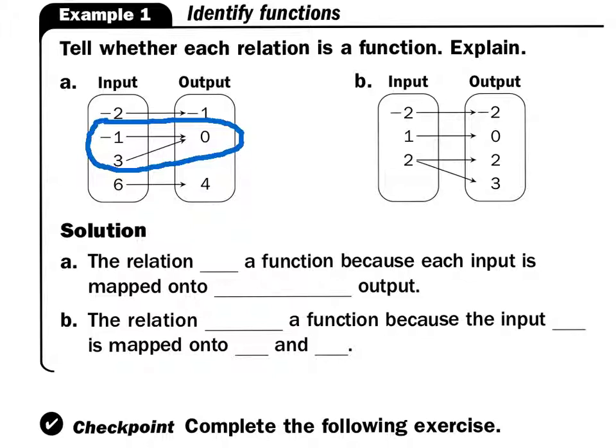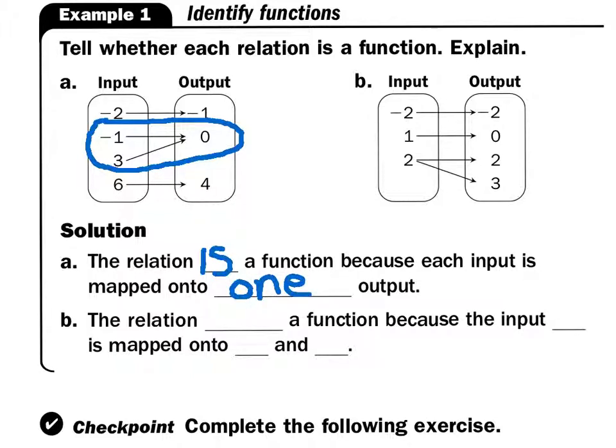And I can put in a 3 and get a 0. Just can't go the other way, such as I can put in a -1 one time and get a 0 out, and put in a -1 the next time and get a 5 out. So the first one is a function because each input is mapped onto one output.